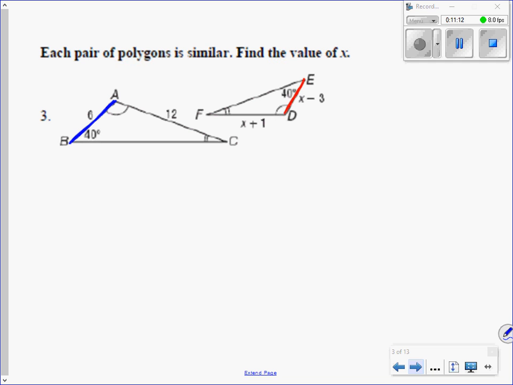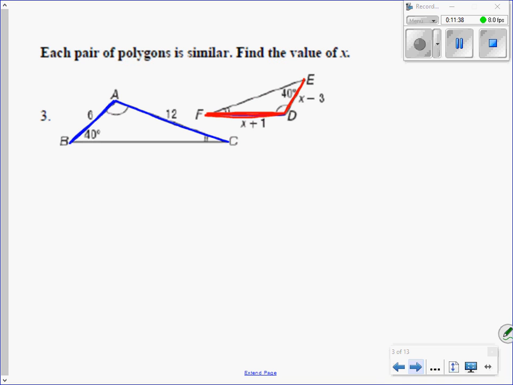And then AC is going to correspond with FD. And we don't really have any measurements for this longest side, so it's not really important that we even worry about it. With the other two, we can set up a proportion.